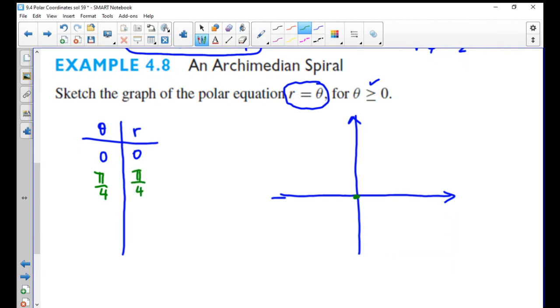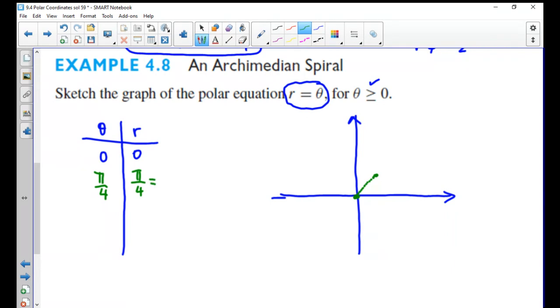Pi over 4 is 45 degrees. So I go on this theta equal pi over 4, and find the point with r equal to pi over 4.